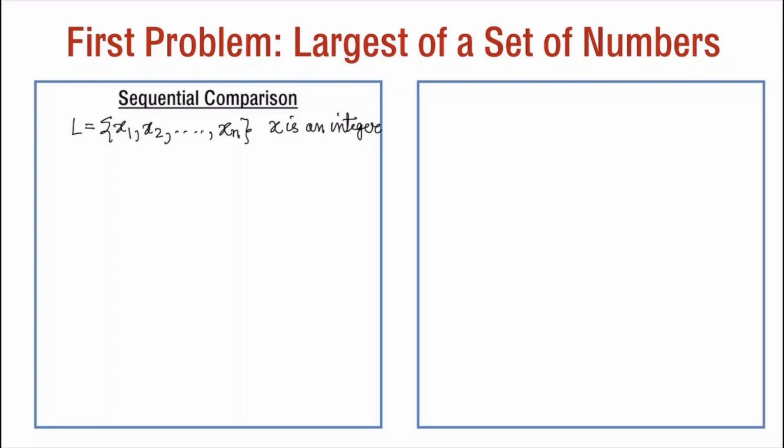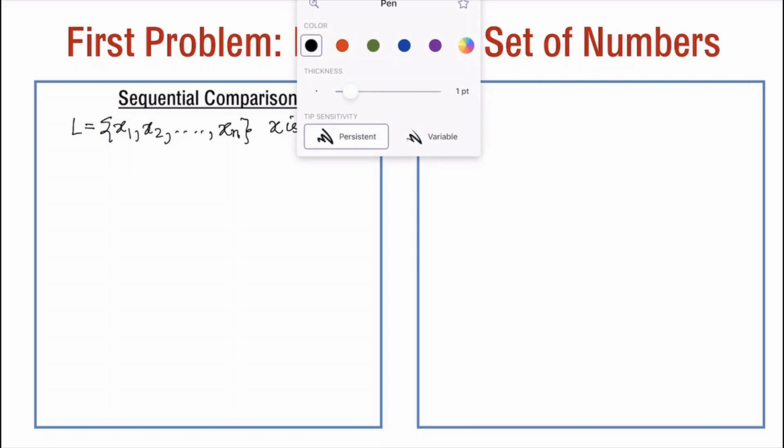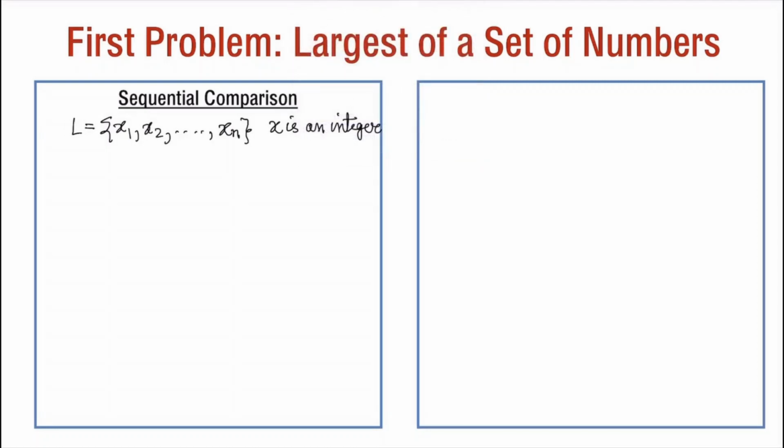So let us try to write such a recursive definition, a definition of max. We'll write a function max(L), where L is equal to x1, x2 up to xn.